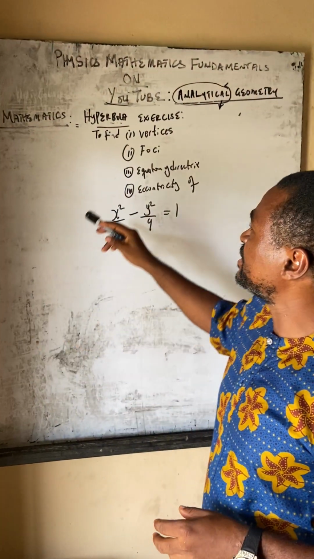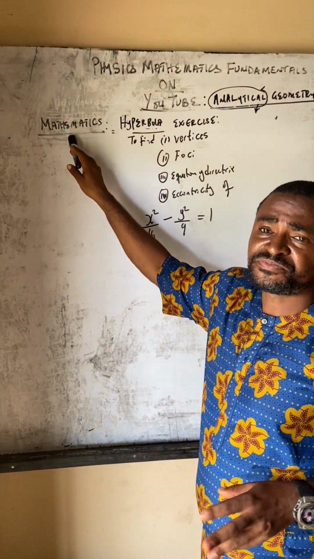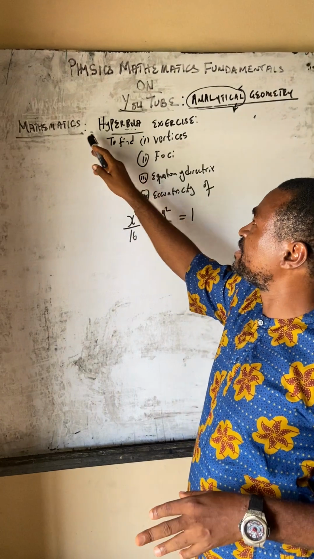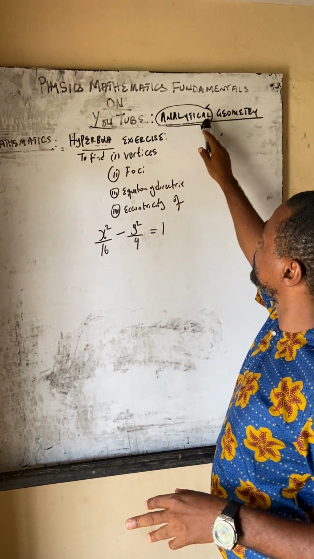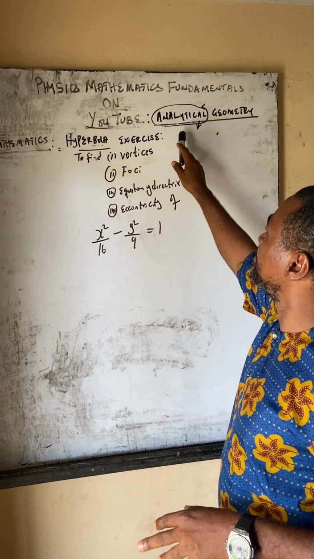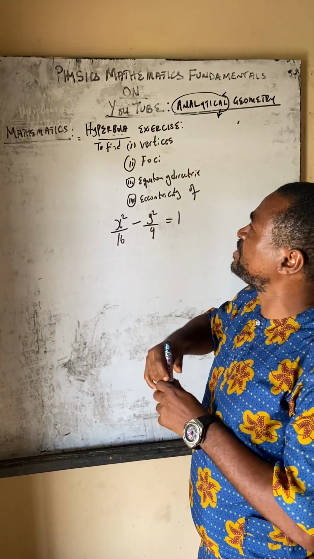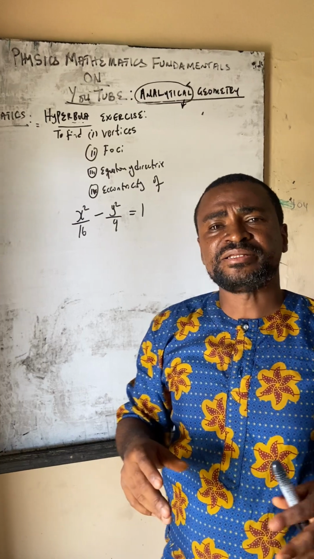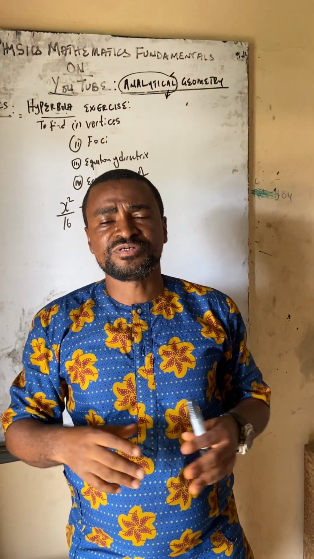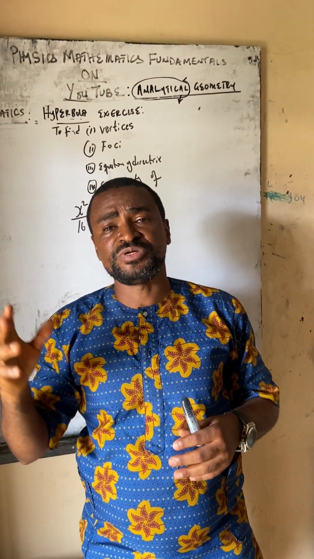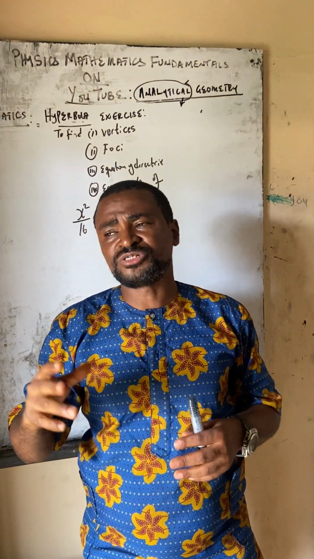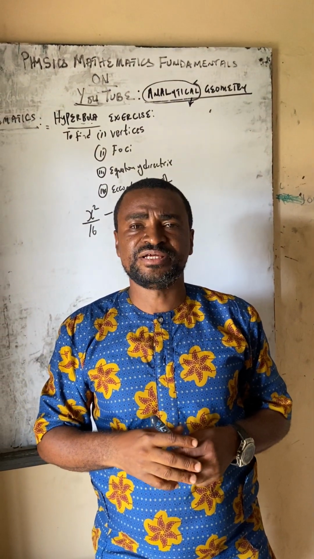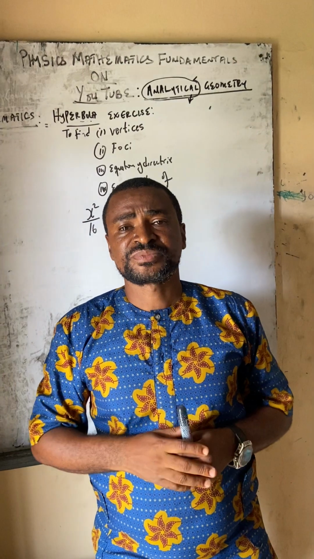Today, we are taking a course under mathematics, and this particular topic is under analytical geometry. We are going to deal with exercises on hyperbola. I would suggest that you check my previous videos on the introduction to conic sections.